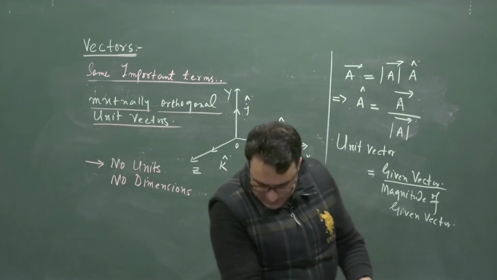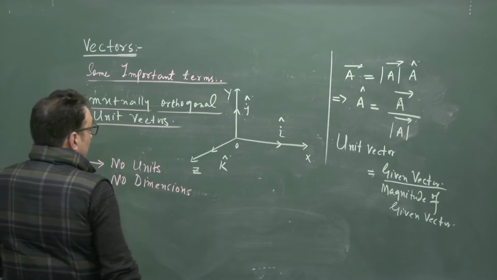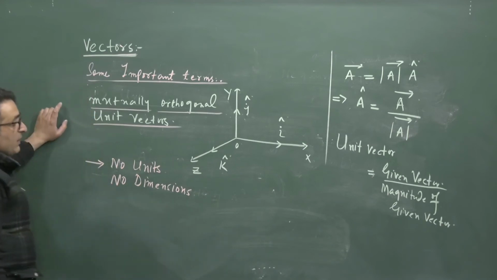Now let me take an example of how to find the unit vector of a given vector.